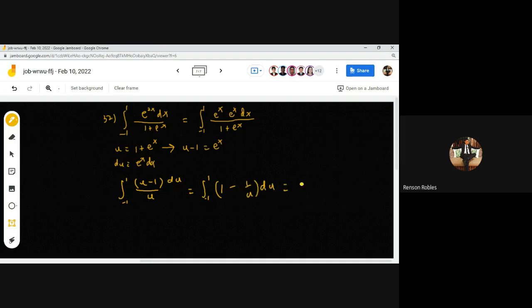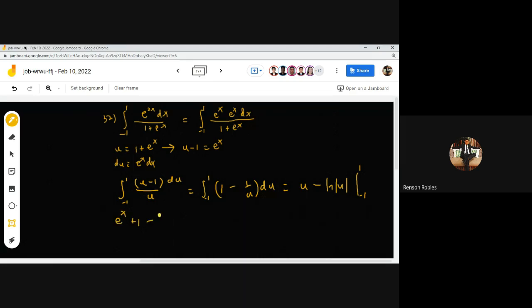And this is equal to integral of 1 minus 1 over u, or d over u is ln of u, and then evaluated from -1 to 1. And then you write it back to the original given. So you have u, that's e to the x plus 1, all right?